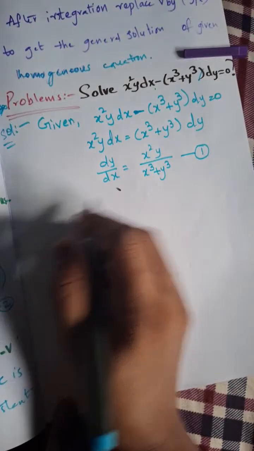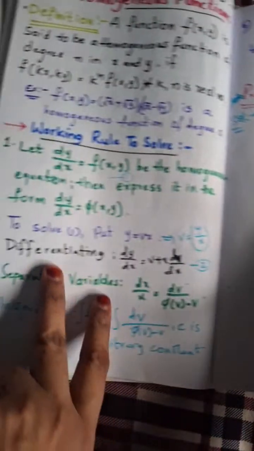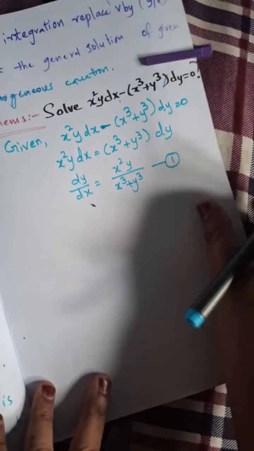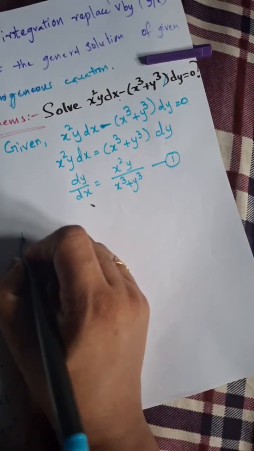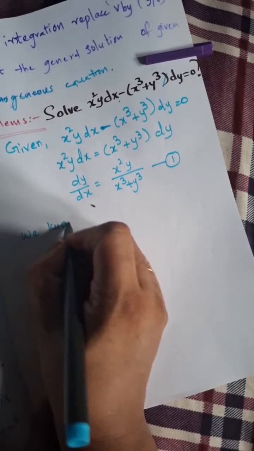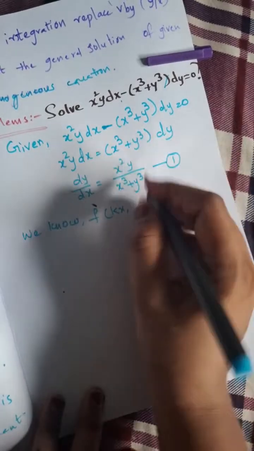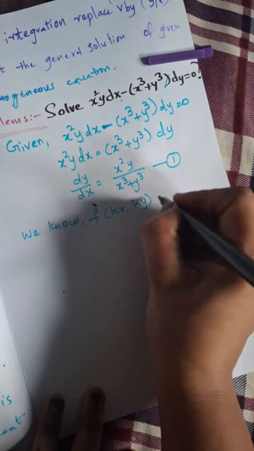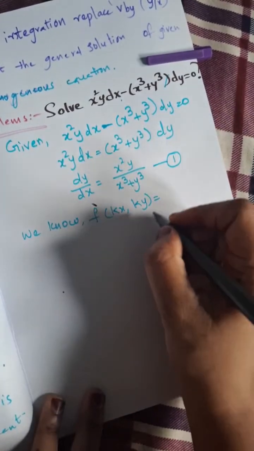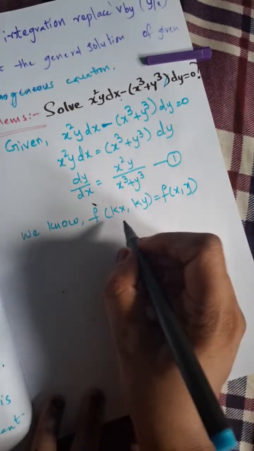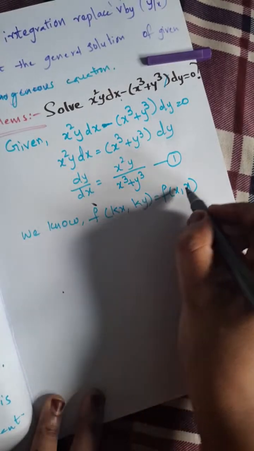Now what is the second point here? The rule: put y equal to vx. But first, observe whether this is homogeneous or not. We have to check whether the given function is homogeneous. Here f of kx comma ky equals f of x comma y.